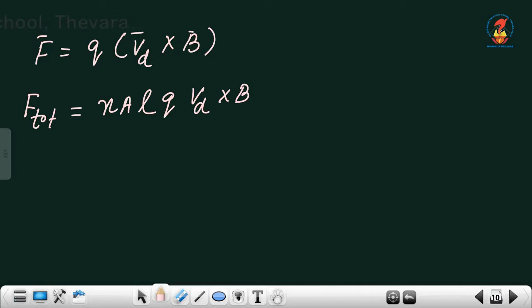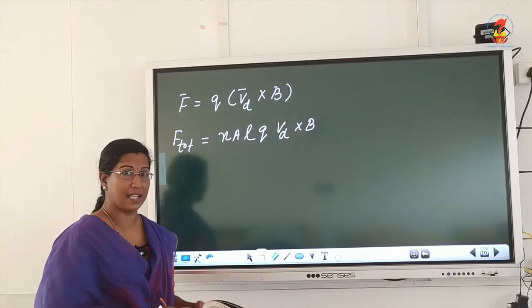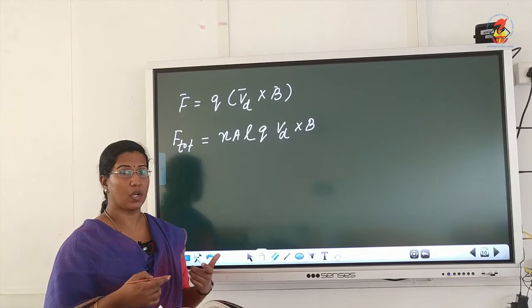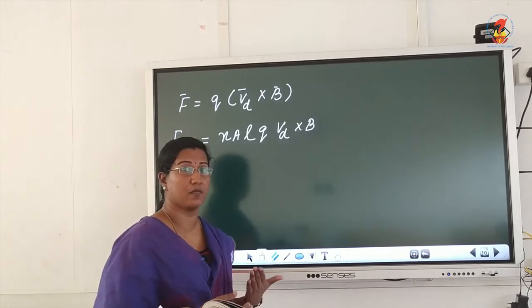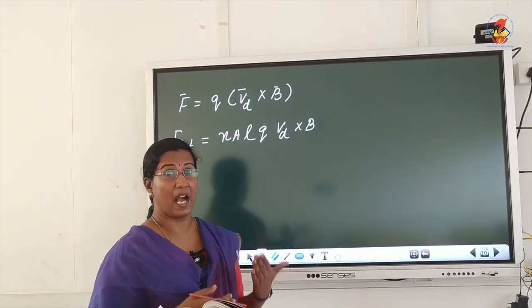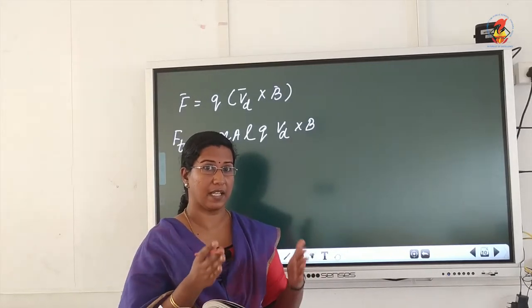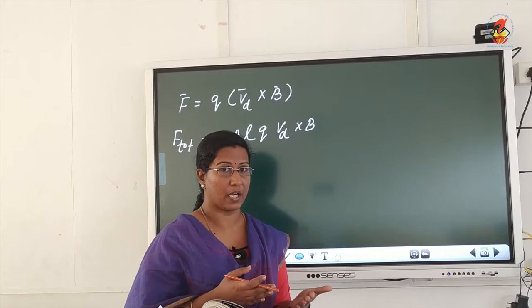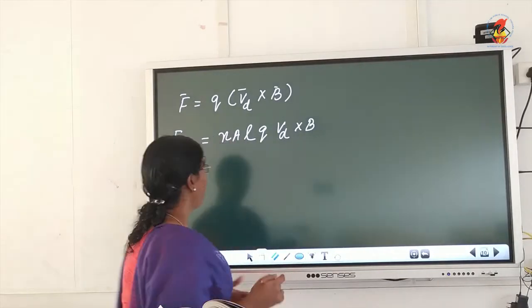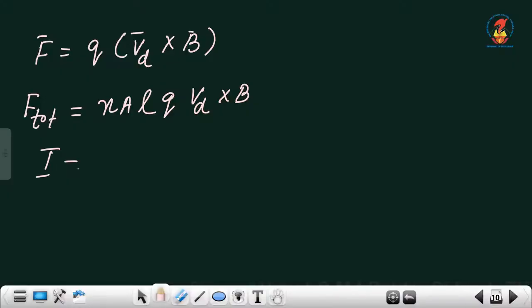Now, we have studied in current electricity the current flowing through a conductor. The equation is I = n e A Vd. Here instead of e we are taking q. So the equation for current here is I = n q A Vd.